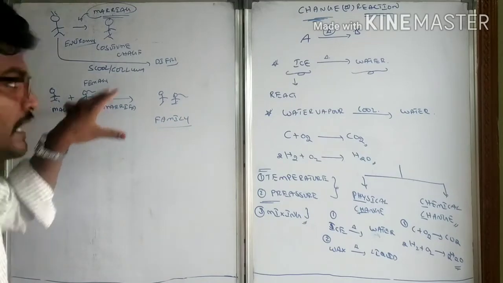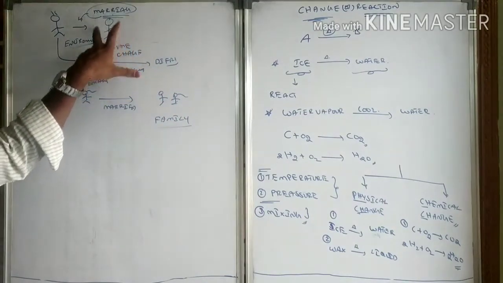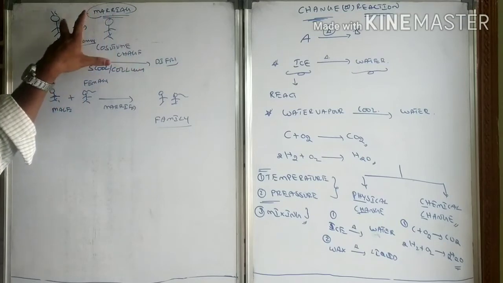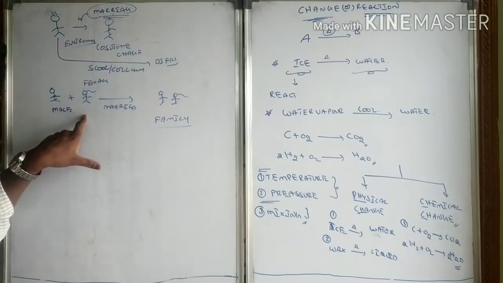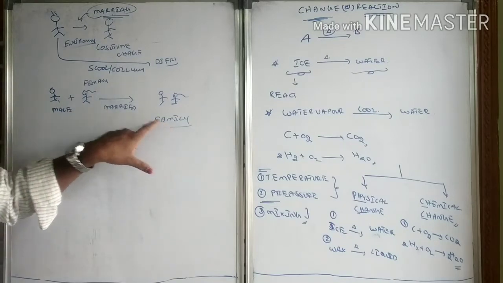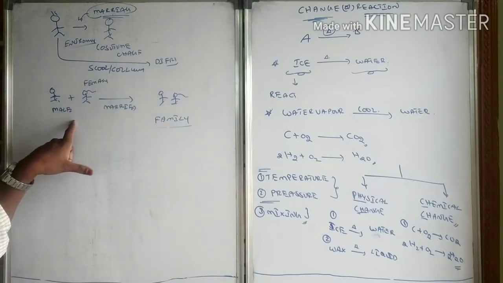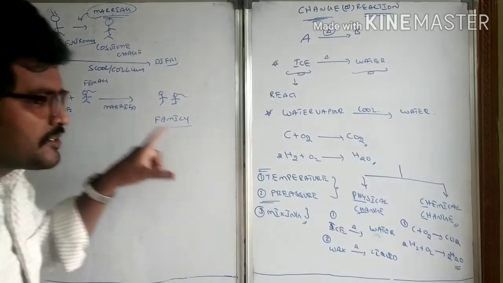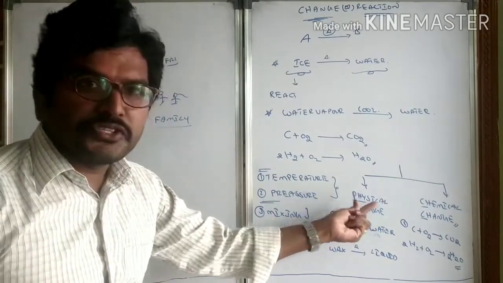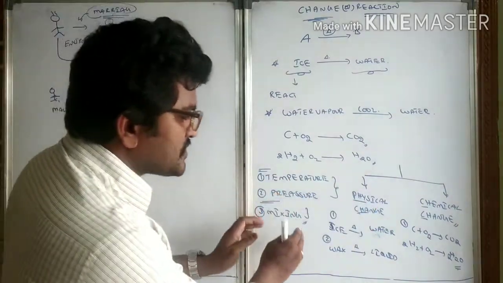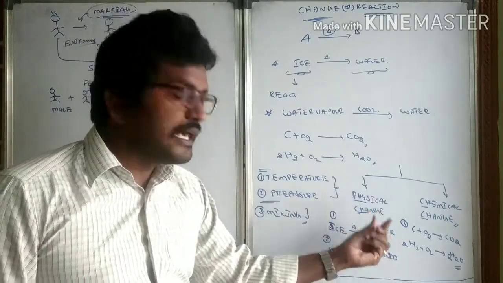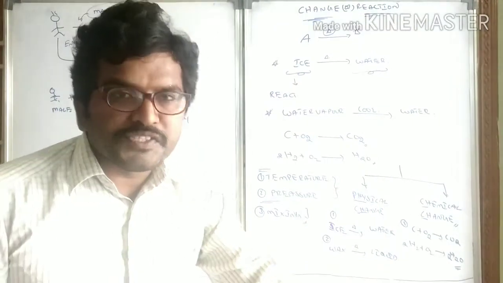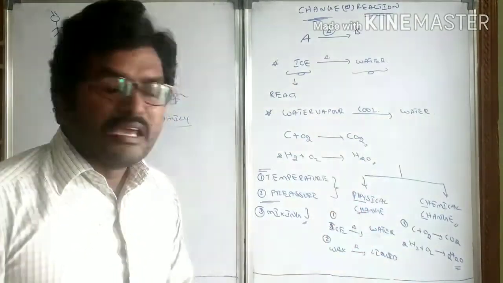Are you understanding? When you go to a marriage, you wear one costume. When you come home, you immediately change the costume and become the normal person. But here this is not possible. Once you got married, it is not possible to get the individuals back easily. So any change in which one substance changes its physical appearance and forms the same substance with different physical properties is known as physical change.